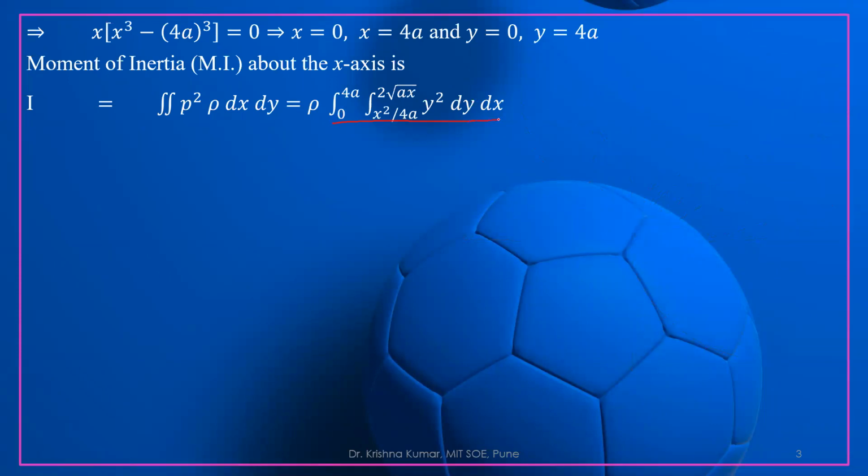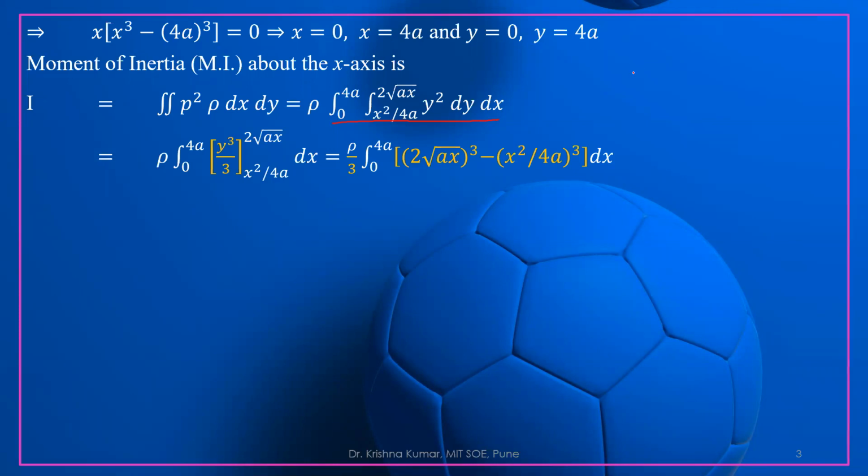Now we just have to integrate it and find the moment of inertia. This is a slightly difficult question and difficult integration, so let us go step by step. What is the integration of y square? It is y cube upon 3 under the limits x square upon 4a and 2 root ax. We can take 1 upon 3 outside, so this becomes rho by 3.